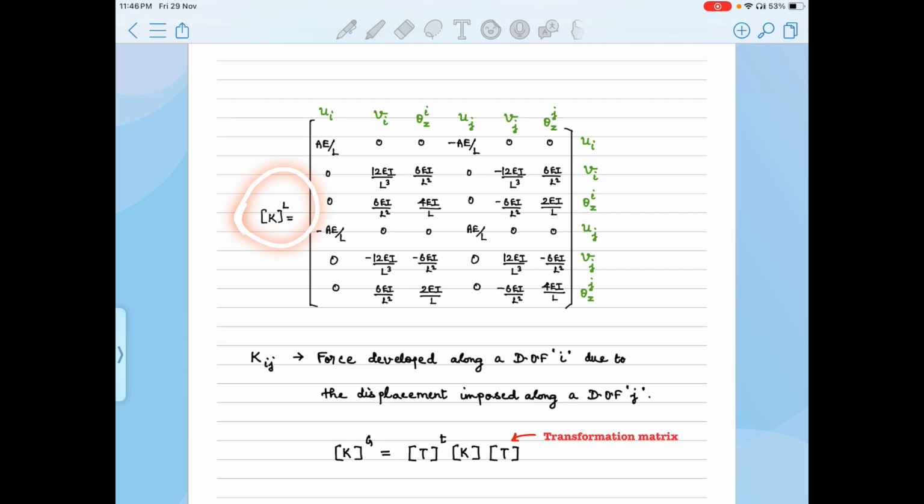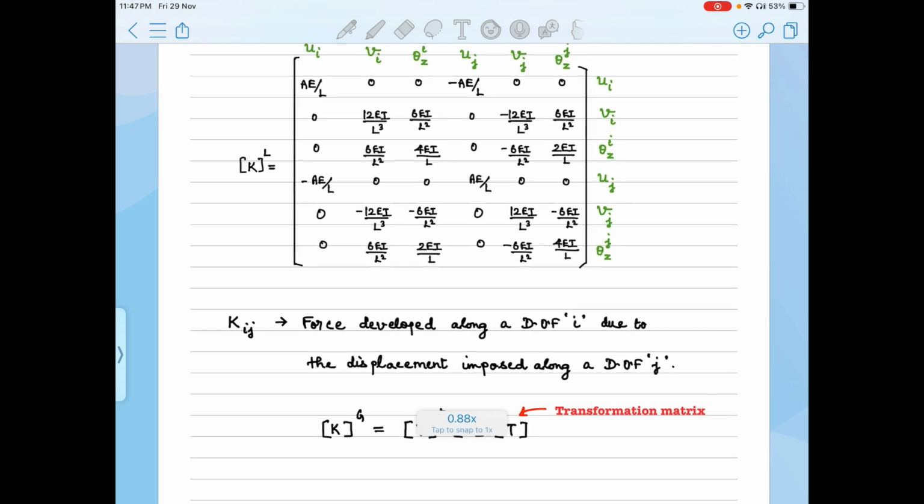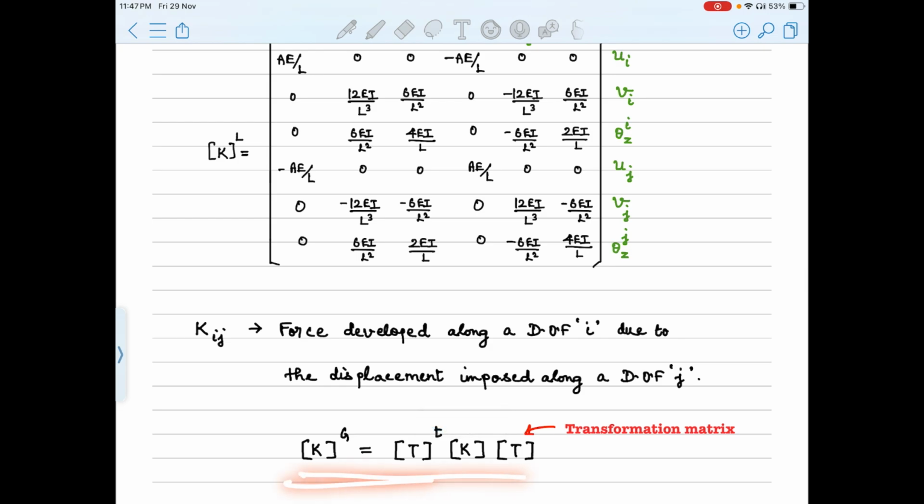Once you know the local stiffness matrix for each element, one generates what is called the global stiffness matrix using this expression: K global is equal to T transpose K into T. Here T is called the transformation matrix. We'll understand all this later.